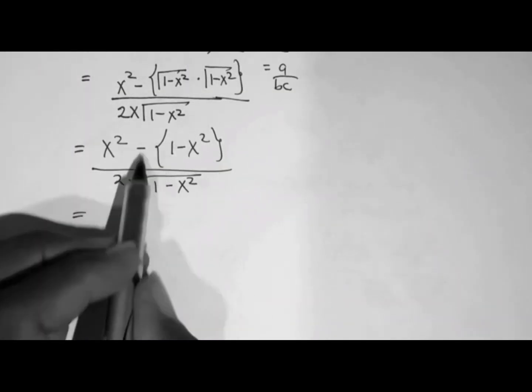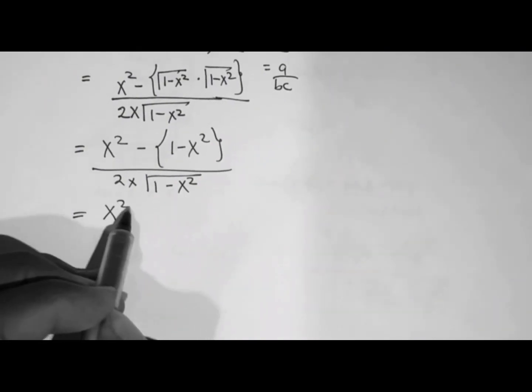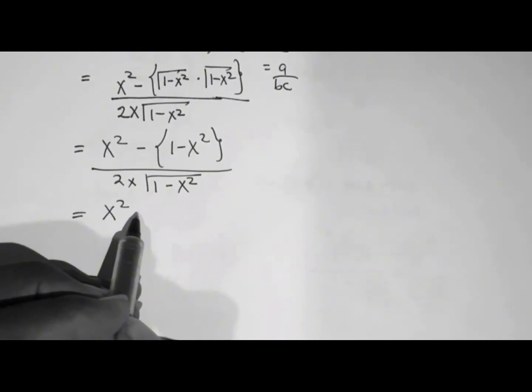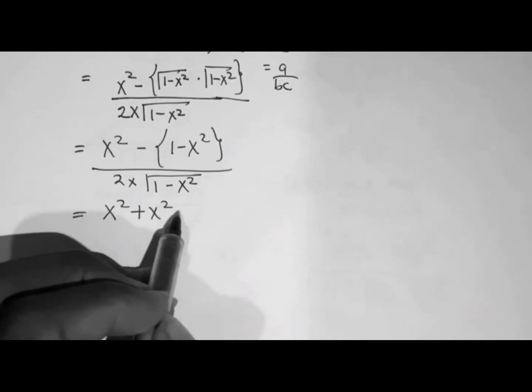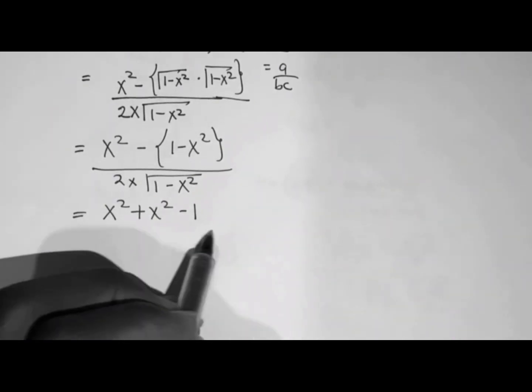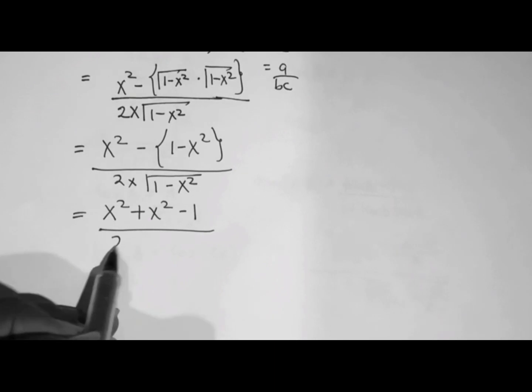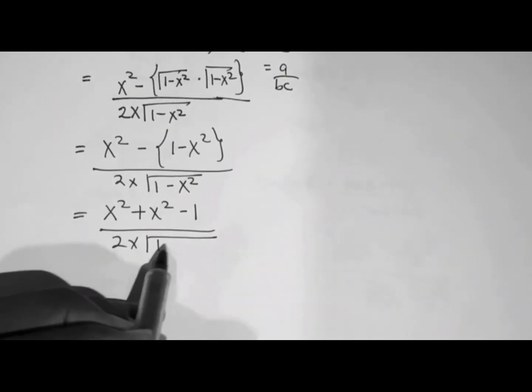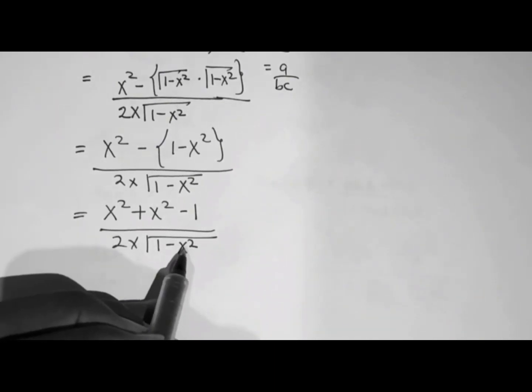So this becomes x squared. Let's expand the bracket, then plus x squared, then minus 1 divided by 2x square root of 1 minus x squared.